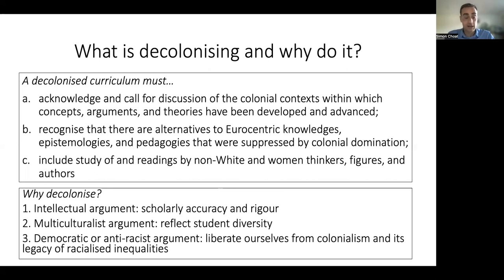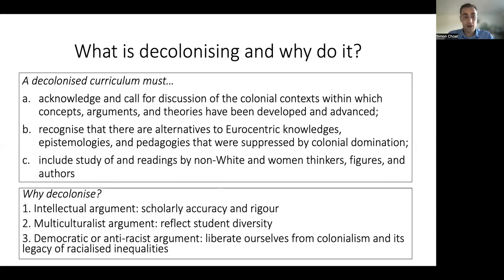So lastly, what we think is maybe the strongest argument in favor of decolonizing the curriculum is what we're calling a democratic or anti-racist argument, which presents decolonizing the curriculum as a modest but necessary contribution to the continuing effort to free ourselves from colonialism and its legacies, and indeed from the persistence of colonial power relations today.